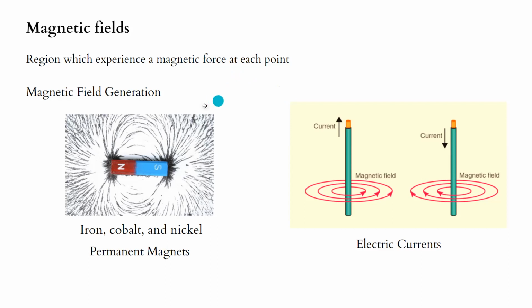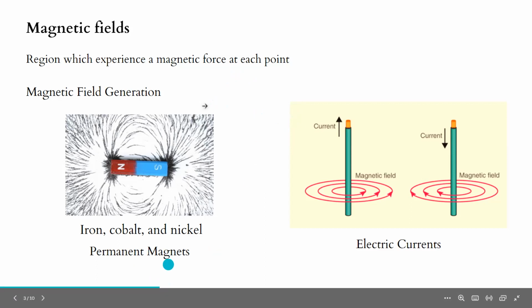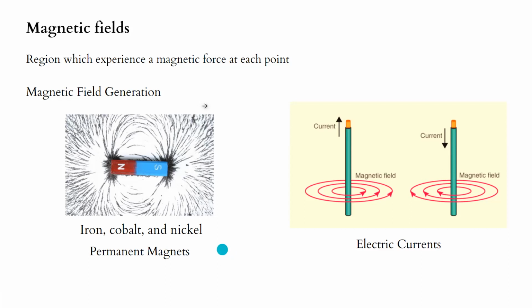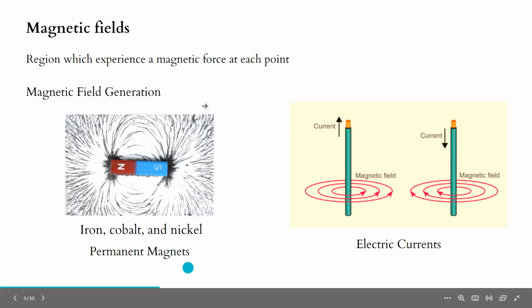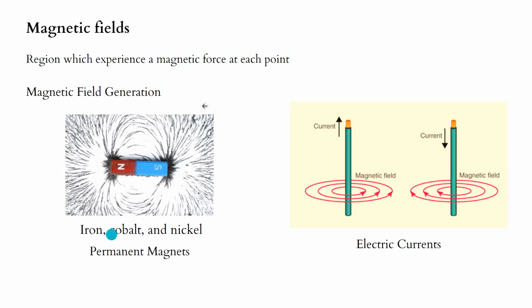Magnetic fields can be generated basically using two methods. We can generate them using permanent magnets. Permanent magnets, by their own nature, generate magnetic fields. There are materials like iron, cobalt, and nickel, which produce a magnetic field around them. That is something that happens naturally.